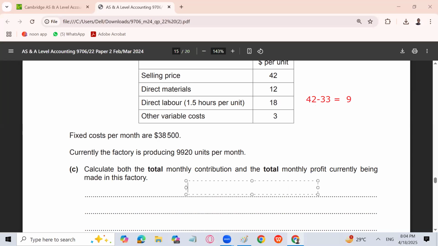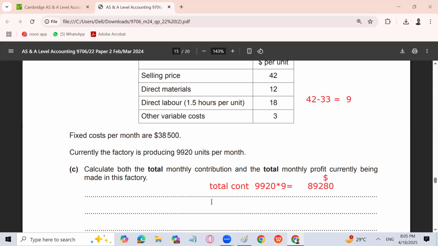So let's see. Total contribution is going to be 9,920 units multiplied by per unit contribution. So what is going to be the total contribution? 9,920 into 9, that is 89,280.